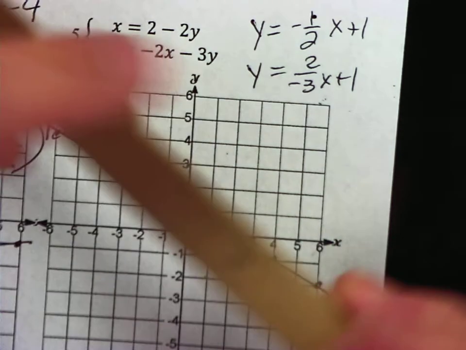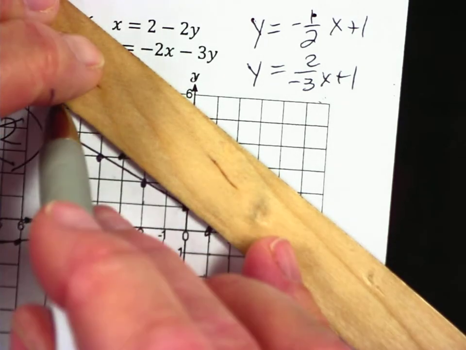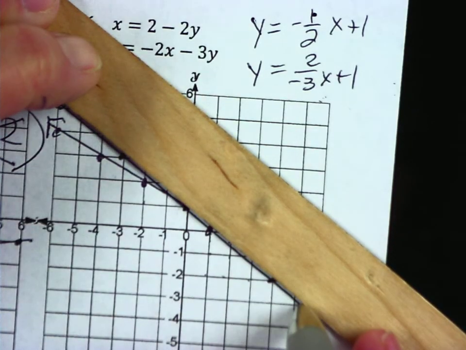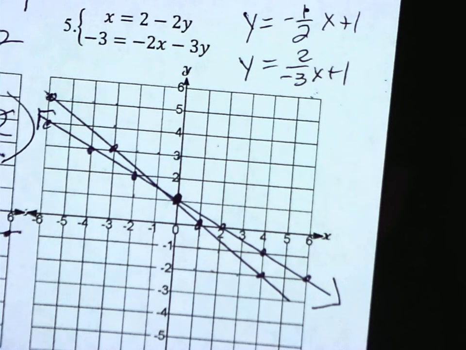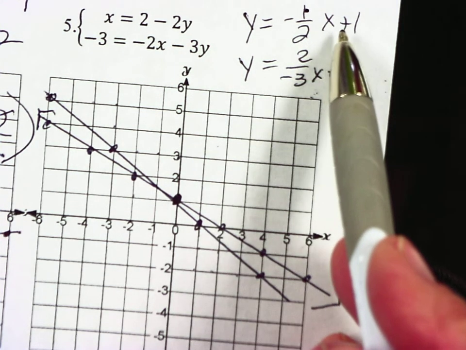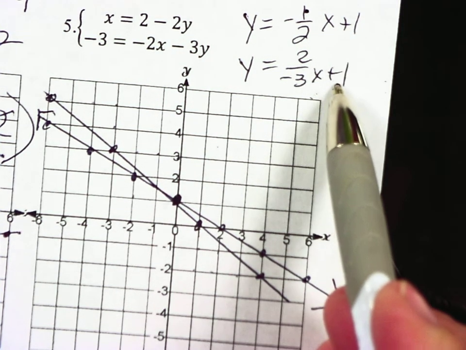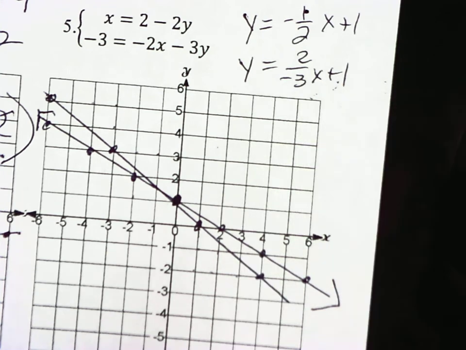Those lines are really close. Negative 1/2 and negative 2/3 are really similar slopes. Now this is interesting. Notice that I have a y-intercept of 1 and a y-intercept of 1. Well, guess what my point of intersection is? I don't even have to verify this.